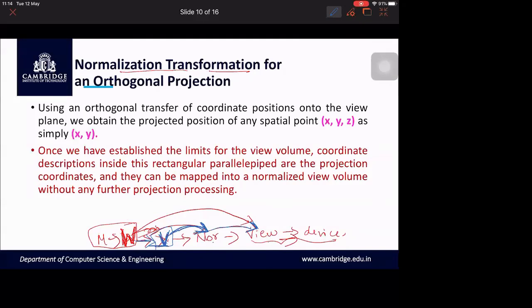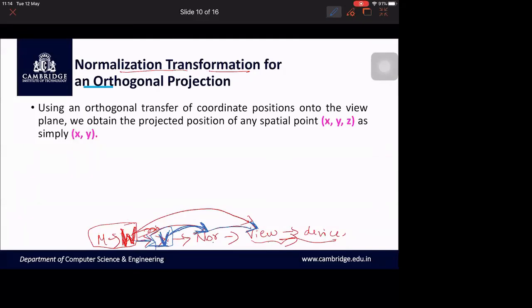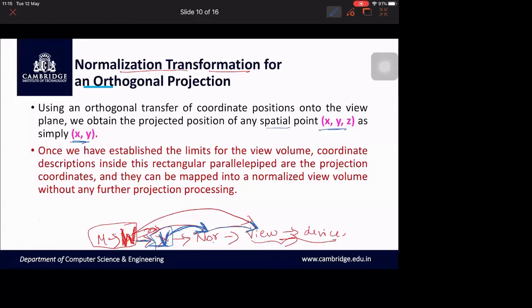So that is what they're telling here. Using an orthogonal transfer of coordinate position onto the view plane, we obtain the projected position of any spatial point. If it is a spatial point in the world coordinate, as I've told you, we will project as it is. My x and y will not change in orthogonal projection. Once we have established the limits of the view volume, coordinate descriptions inside this rectangular parallelepiped are the projection coordinates.